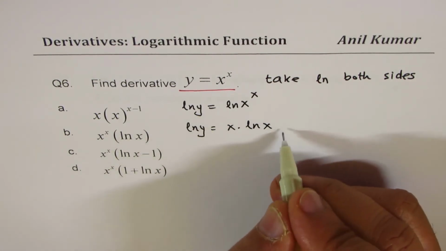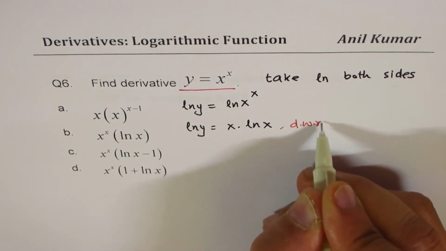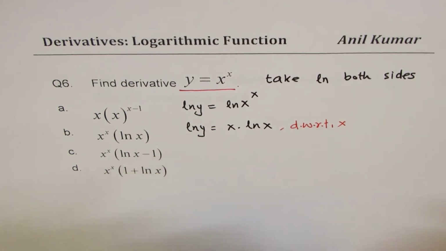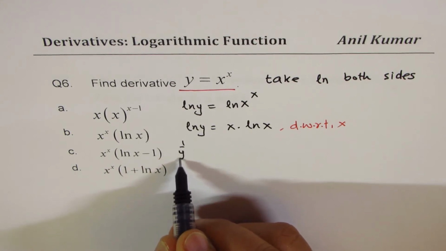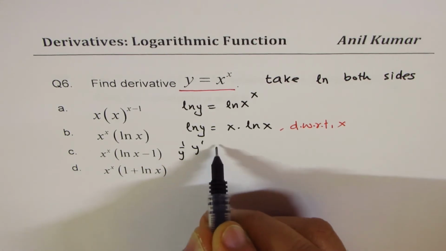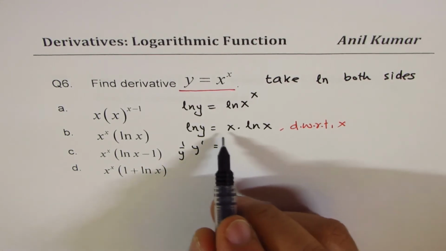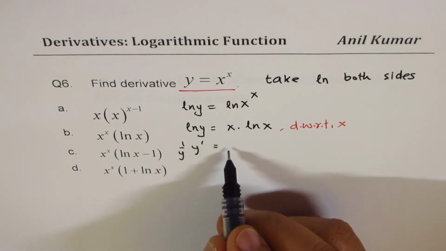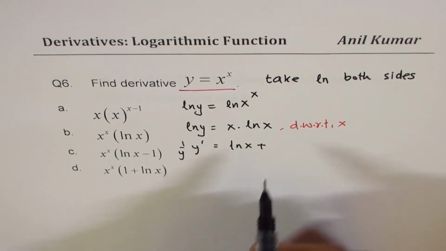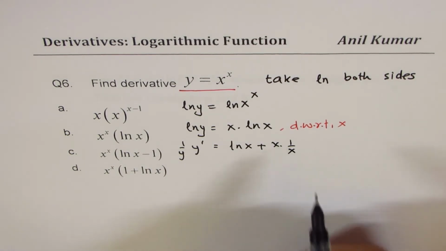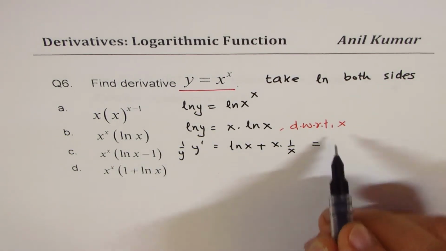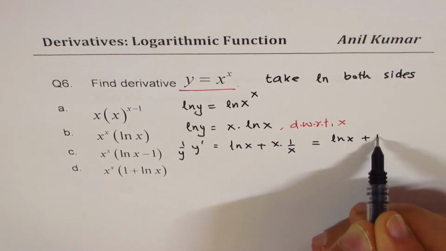That's the trick. Now we are going to differentiate with respect to x on both these sides. So the derivative of ln y is 1 over y times y dash. And here we'll apply the product rule. The derivative of x is 1, so we get ln x plus x times 1 over x, right? So which basically is ln x plus 1.